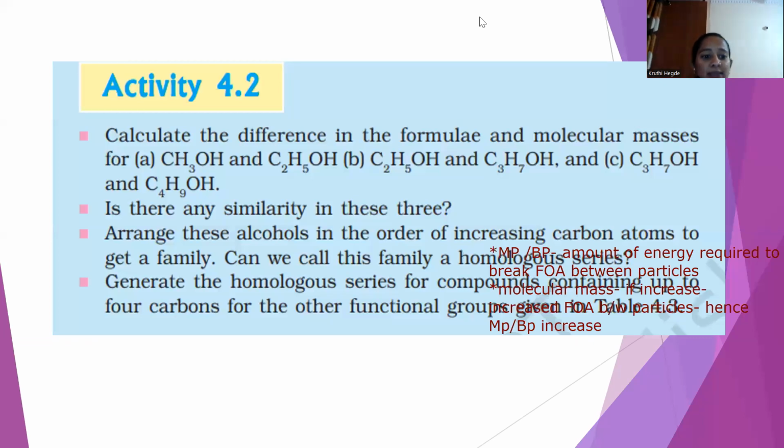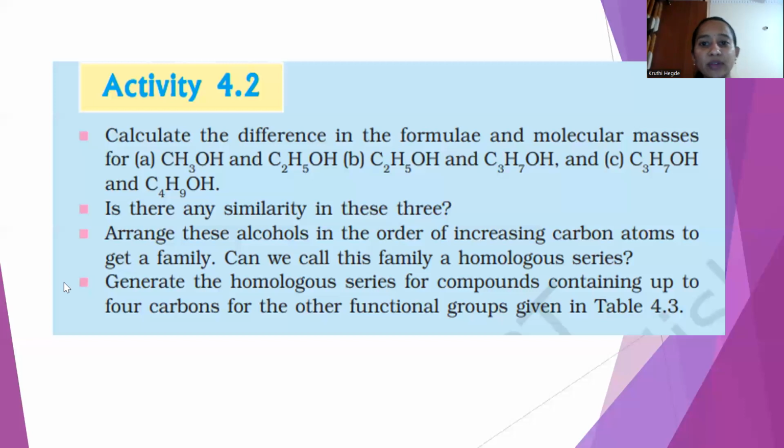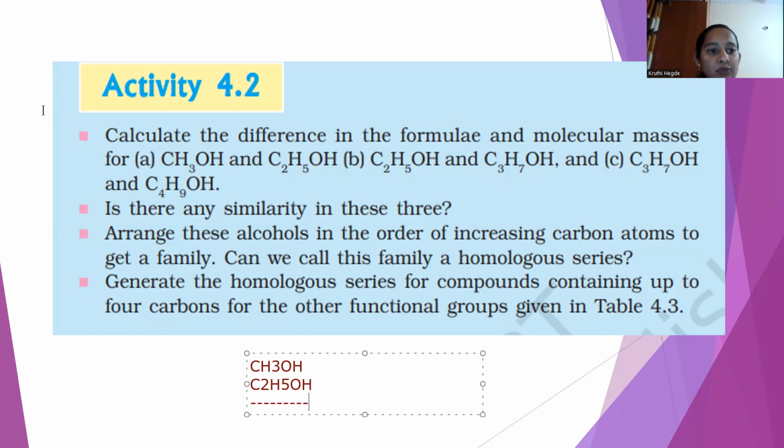Let's try to calculate the difference in the formula and molecular mass for CH3OH and C2H5OH. Difference we need to calculate. As I have calculated before, first OH cancels, right?